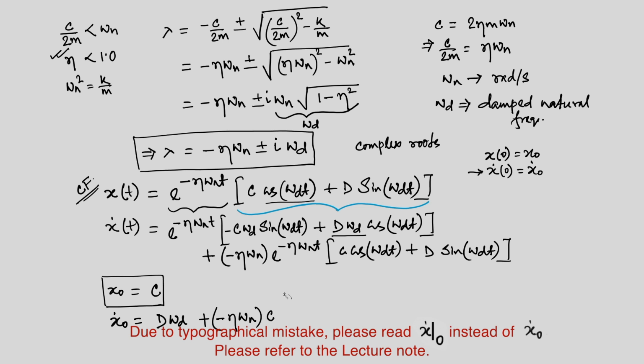Now, for c we can replace it with the solution that we have already obtained. So, this will be x naught. If we simplify this further, we have d which is equal to x naught dot plus eta omega n x naught divided by omega d.